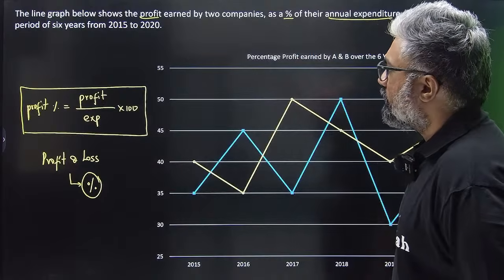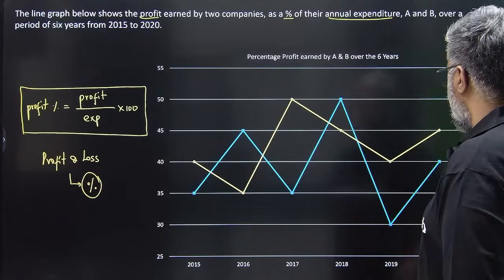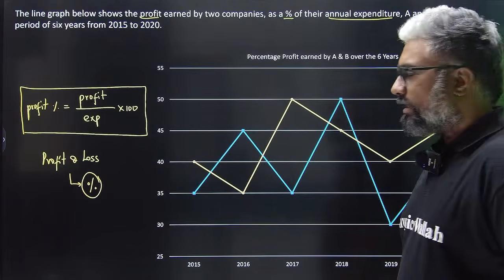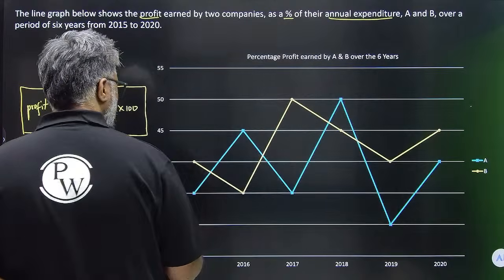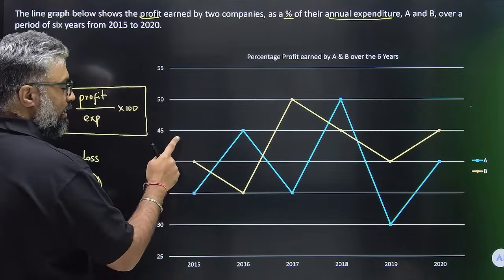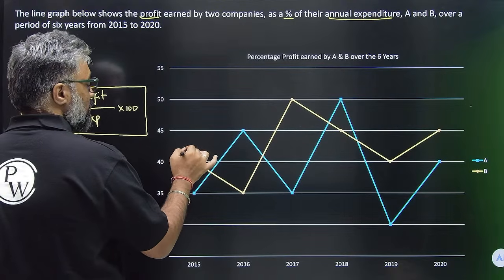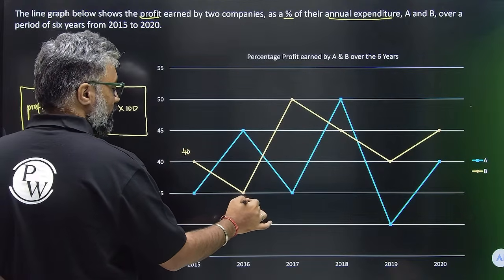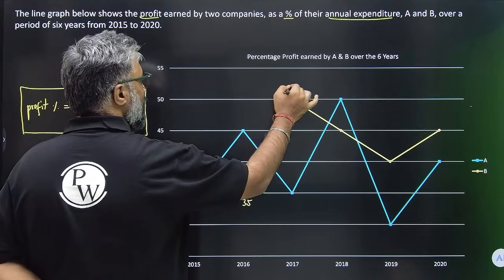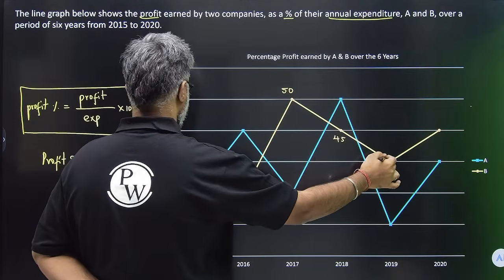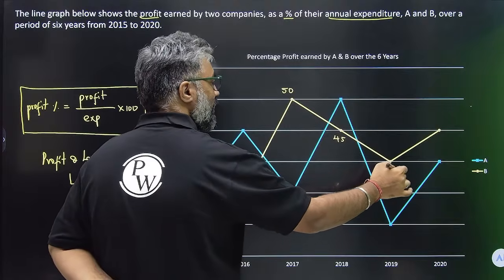Over a period of 6 years from 2015 till 2020, we have all the data. Let's see, 2015, yellow is B, blue is A, okay? So here, this is 40, then 35, then 50, then 45, then 40, and then again 45.